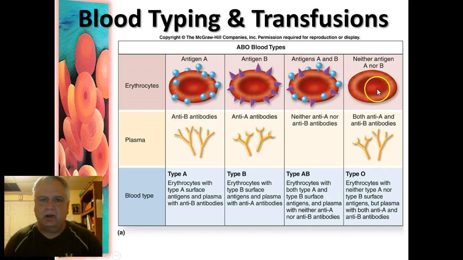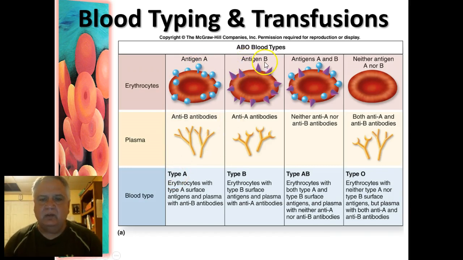Now we have to be careful about this. There are literally thousands of different proteins that can be expressed on the surface of red blood cells or other cells as well. But these are the two that we are concerned about with regard to blood transfusions, type A and type B. Okay, so an individual whose erythrocytes express the A antigen has type A blood.